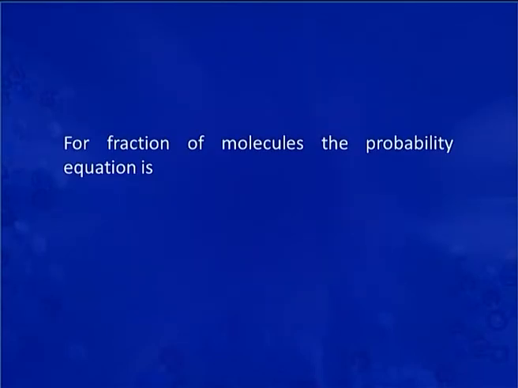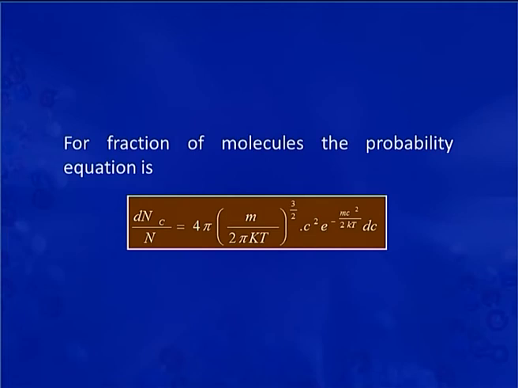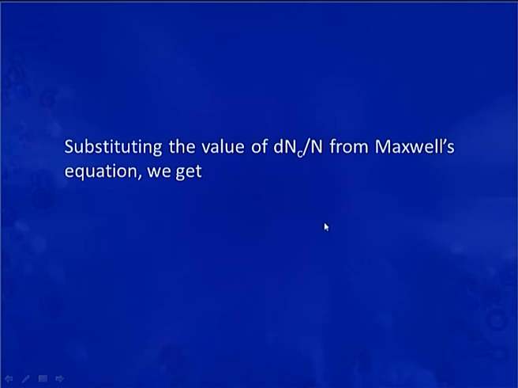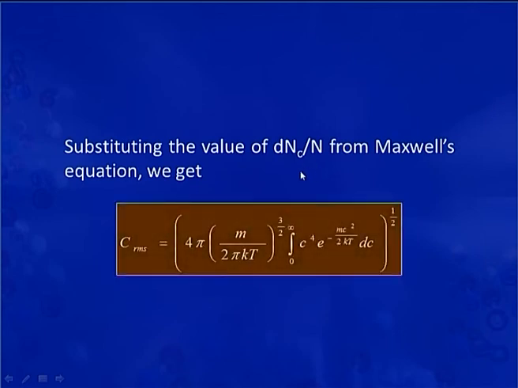For the fraction of molecules from the Maxwell equation, we write dNc/n = 4π (m/2πkT)^(3/2) c² e^(−mc²/2kT) dc. Now, we will substitute this value of dNc/n in our equation.